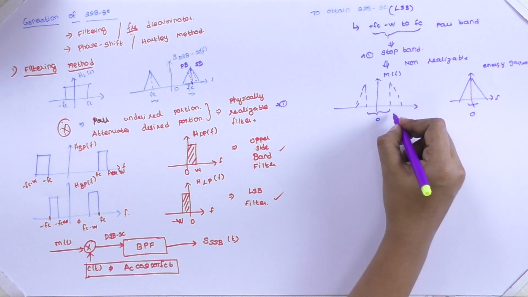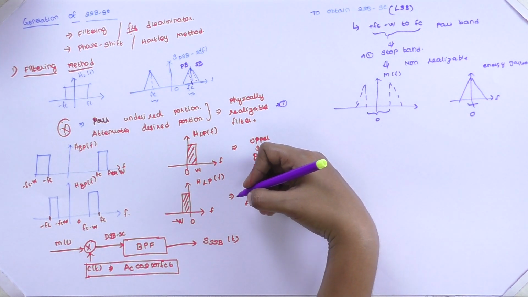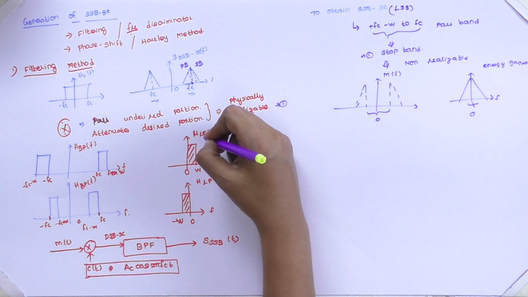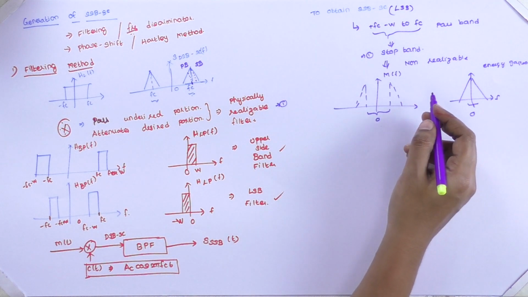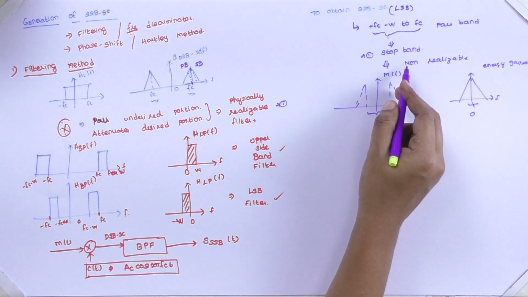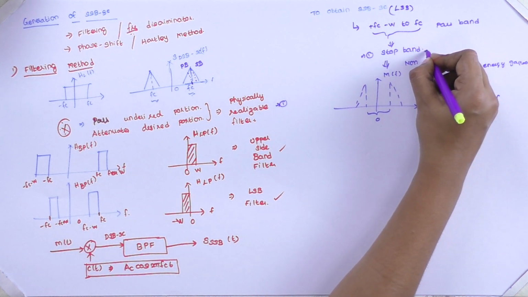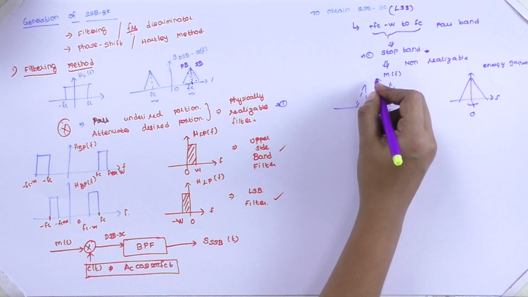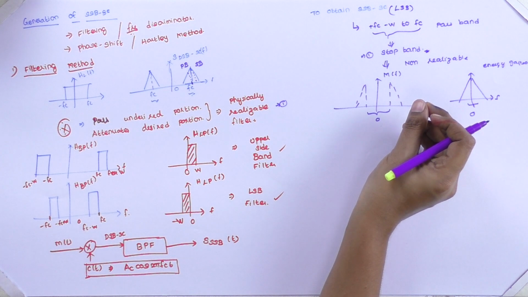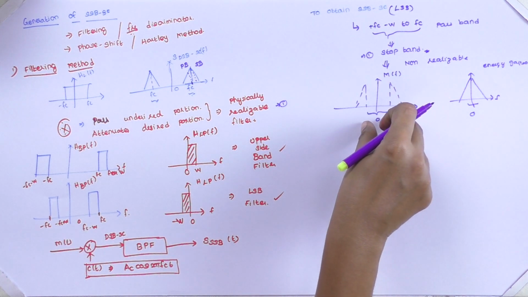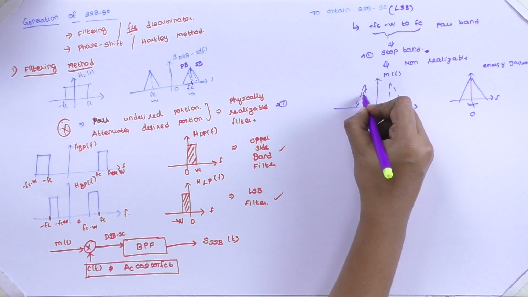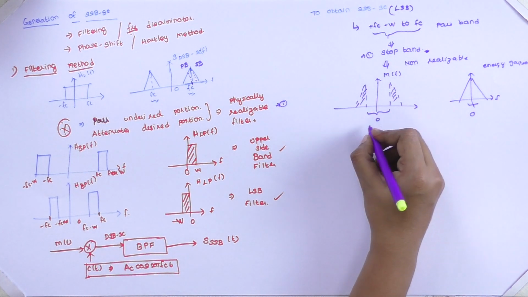But here, for single sideband suppressed carrier in the filtering method, since the physically realizable filter cannot go abruptly into the transition band, the stop band region cannot start abruptly, so it needs some portion of transition period. So we are considering the energy gap between frequencies, that is between the upper sideband and lower sideband.